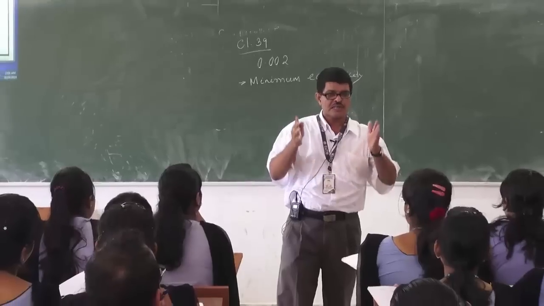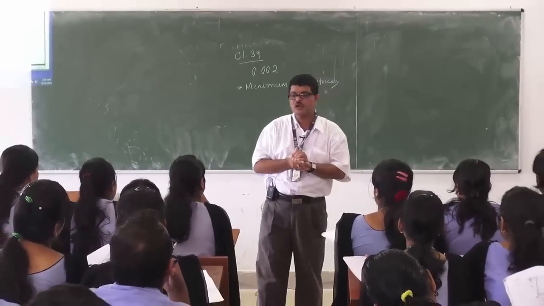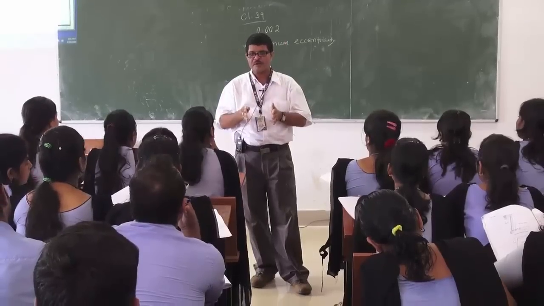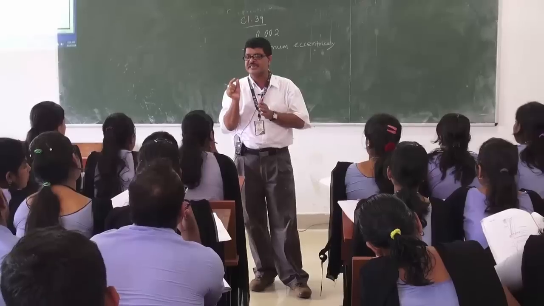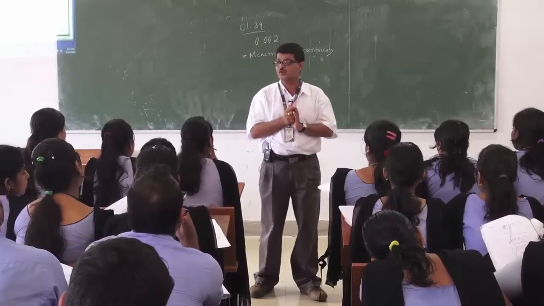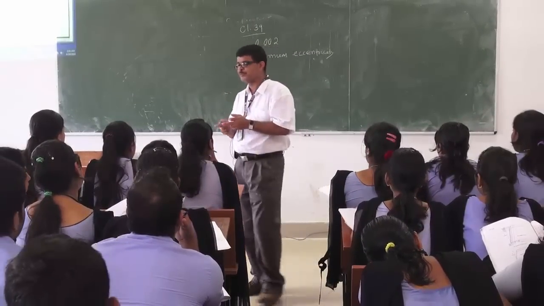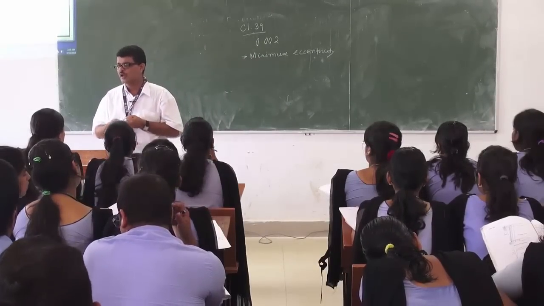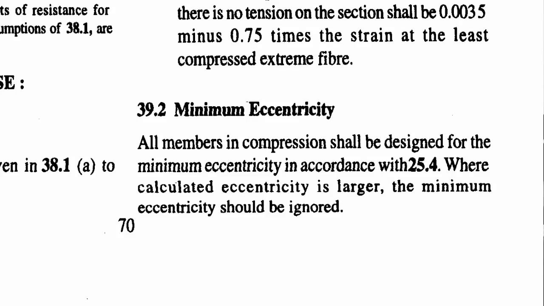These things lead to minimum eccentricity. Though we call it an axially loaded column, still some eccentricity is permissible. If it is slightly eccentric, it is also called axially loaded. If the eccentricity is within the permissible value, then we can design it as an axially loaded column. Okay. So it says, all members in compression shall be designed for the minimum eccentricity in accordance with 25.4.